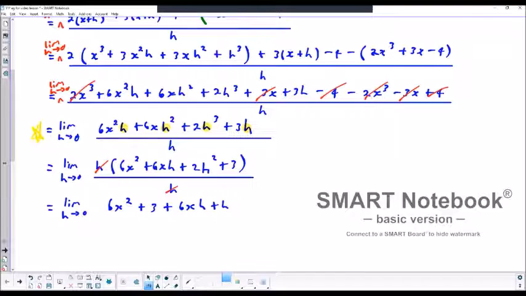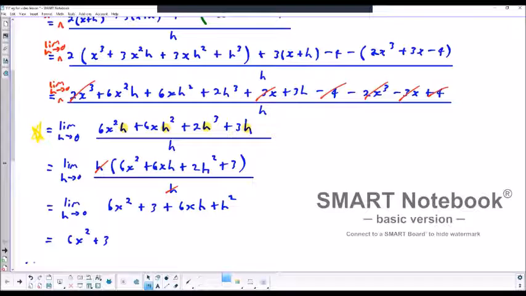Now we have just a polynomial. We've got rid of that denominator. Now is where we substitute in 0. The reason I moved that 6xh term and the 2h squared term to the end is because they just disappear. So we're left with 6x squared plus 3.